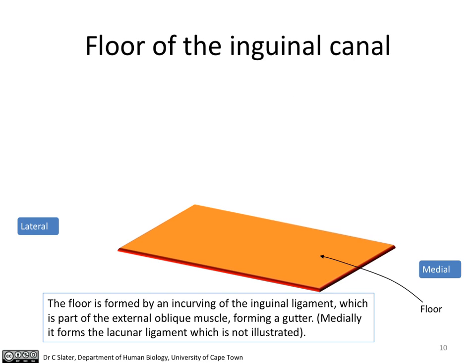The floor of the inguinal canal is formed by an incurving of the inguinal ligament. Now you will recall that the inguinal ligament is formed by the aponeurosis of the external oblique abdominis muscle.